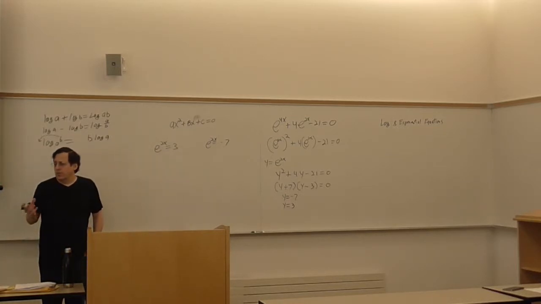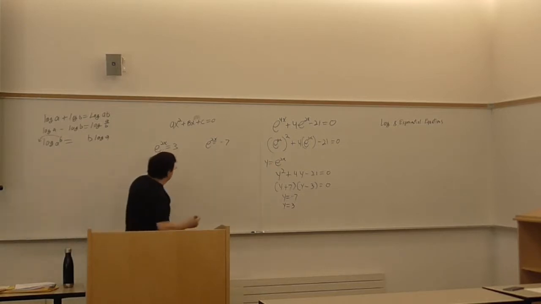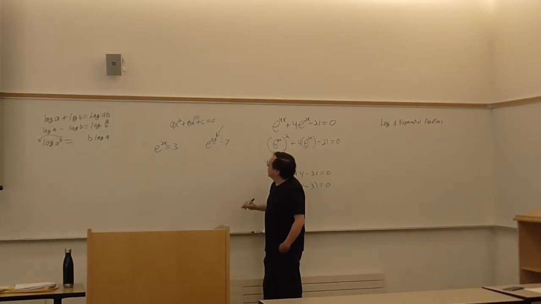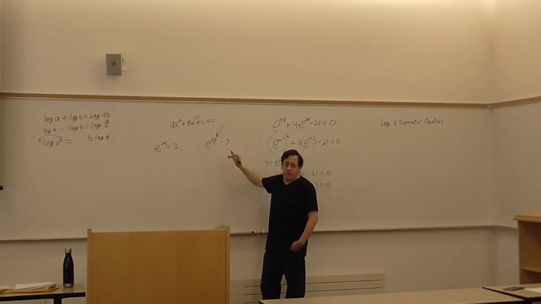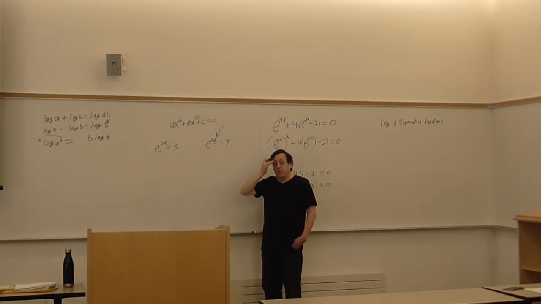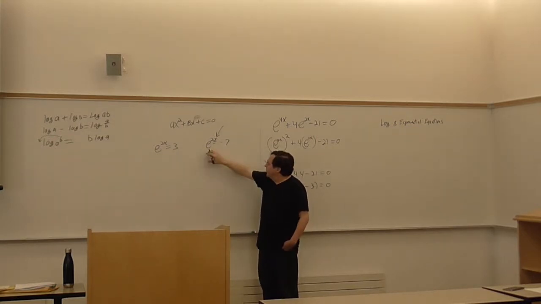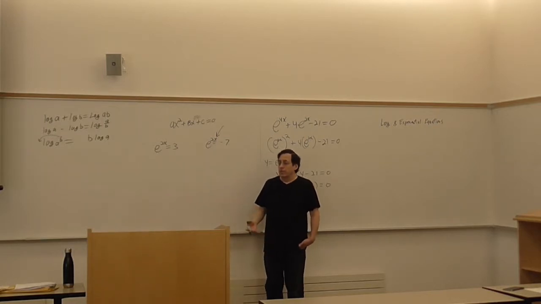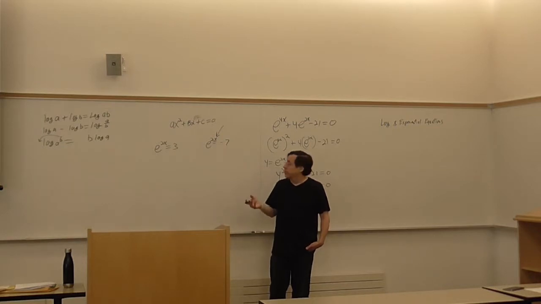Now, with the latter, we can stop right here, because no matter what I plug into x, I'm not going to get minus 7. We know that because the range of an exponential function like this is always y's greater than 0.